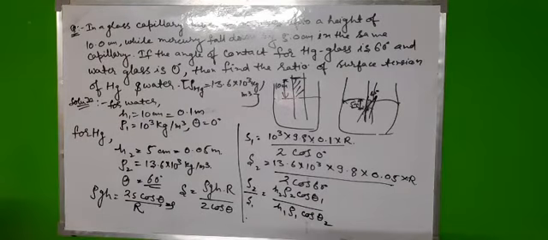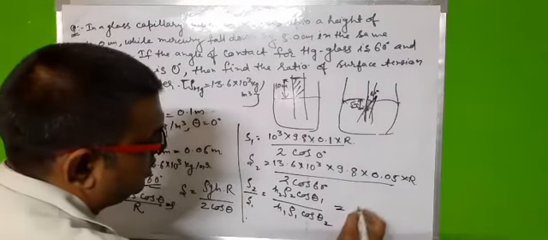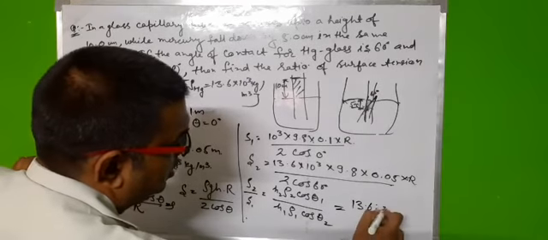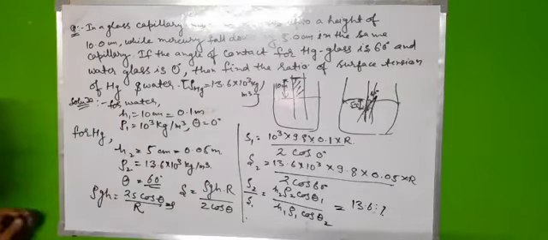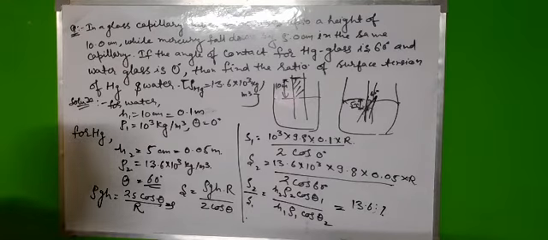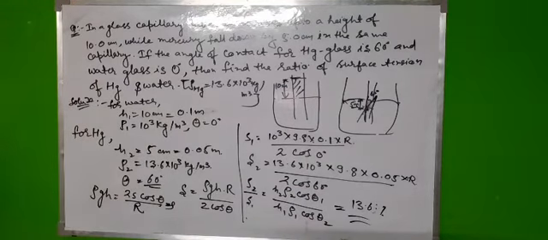On solving it by putting the values, 13.6 is to 1 will be the ratio of both the surface tensions. So this is the concept behind this numerical.